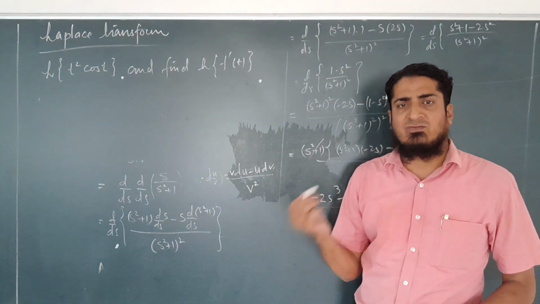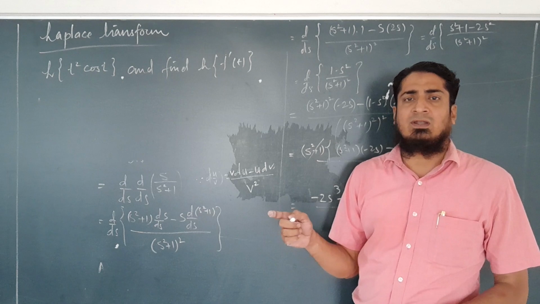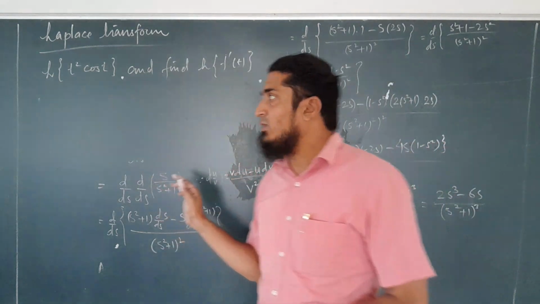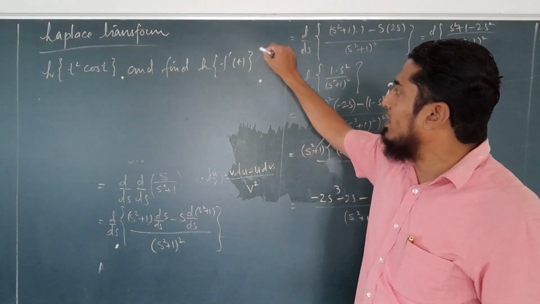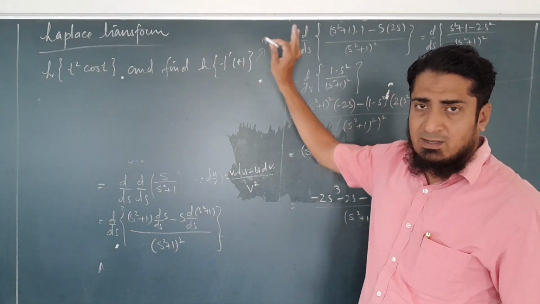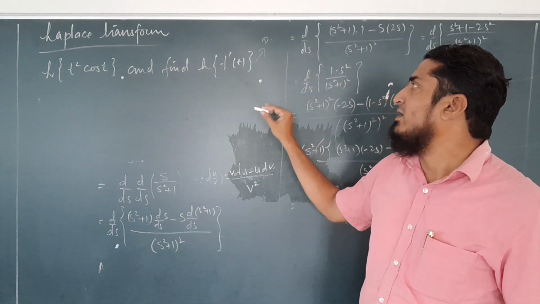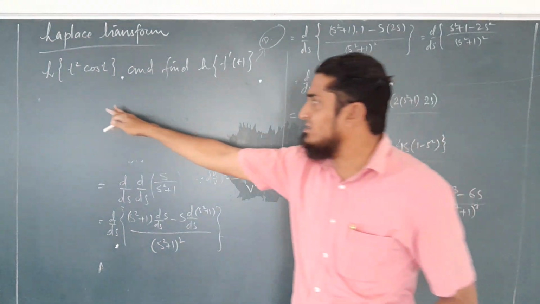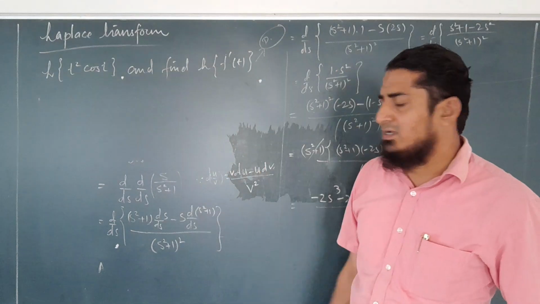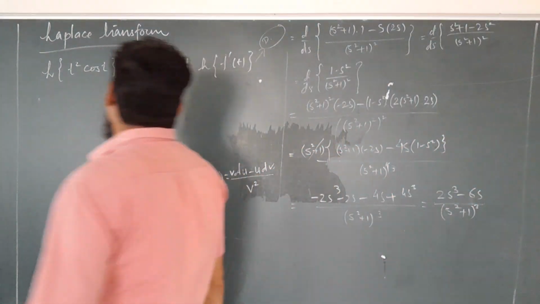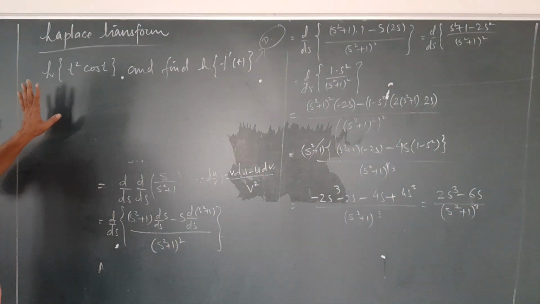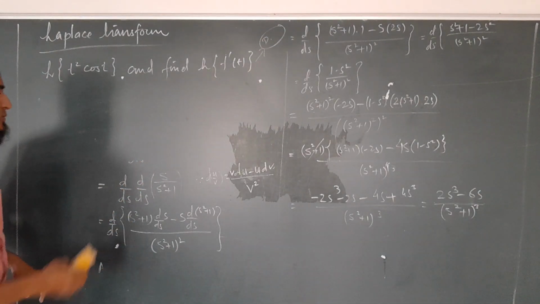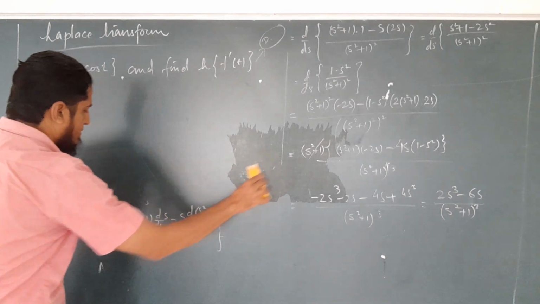Laplace transform of f dash of t is equal to s times Laplace transform of f of t minus f of 0. By using that formula, if we are told to solve by the differentiation method, correct. And if it is not given, then we can first differentiate the function and directly take the Laplace transform, and we will get the result. We will try both methods to check whether our result is correct or not.